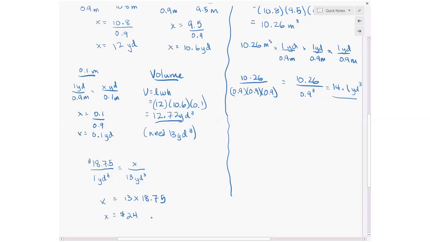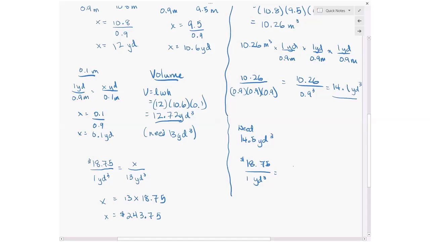13 times 18.75, and that gives me 243.75. In this case over here, 14.1 cubic yards, well, 14 cubic yards isn't going to cut it. I'm actually going to need 14.5 cubic yards. So same process, 18.75 for 1 cubic yard.